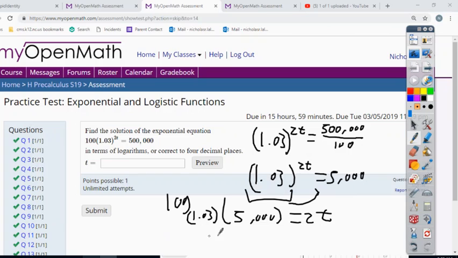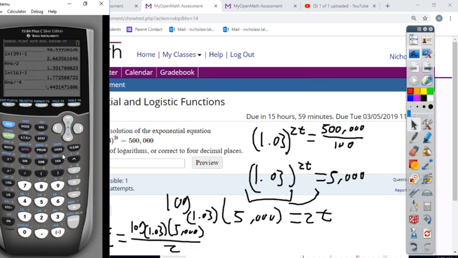So that means that t is equal to the log base 1.03 of 5,000, divided by 2. So I take out my calculator and find the log base 1.03 of 5,000, divide this number by 2.